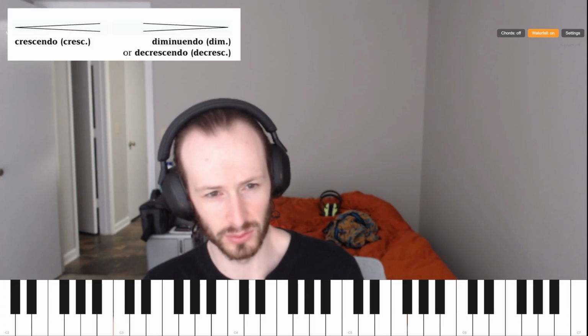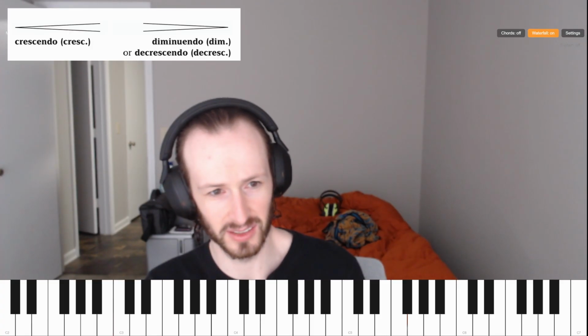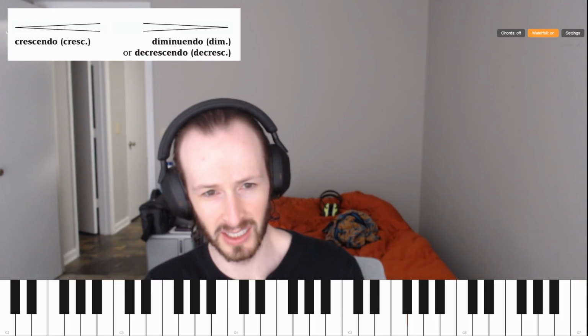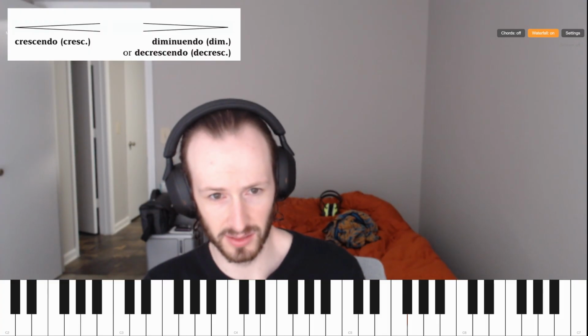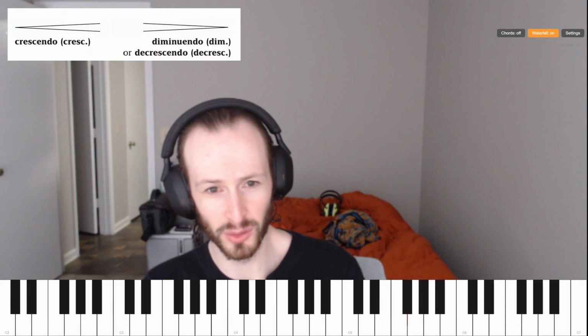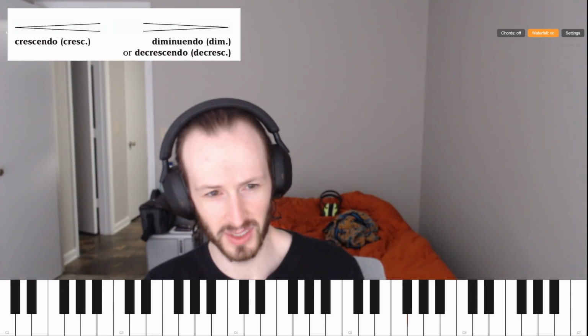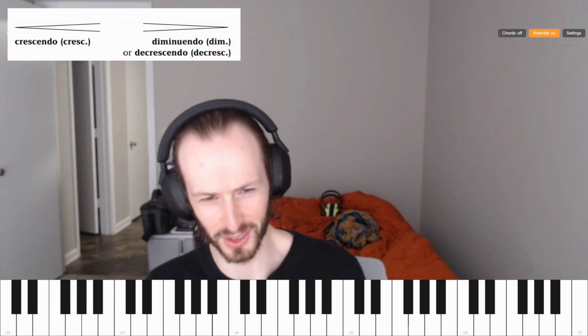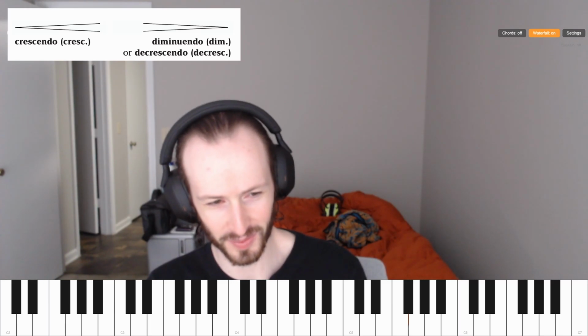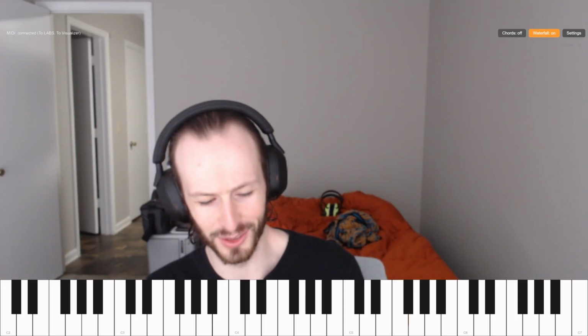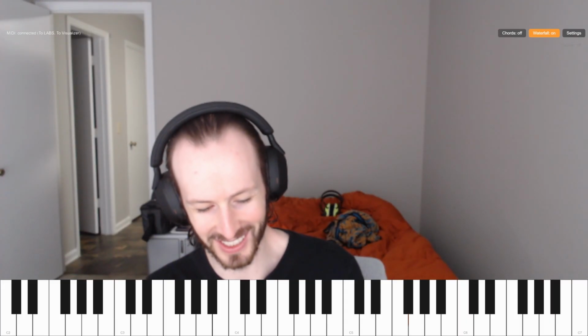There are 2 new dynamic signs. Crescendo, which means playing gradually louder, and diminuendo, or decrescendo, playing gradually softer, both of which I can't do at the moment because of the keyboard I'm using.